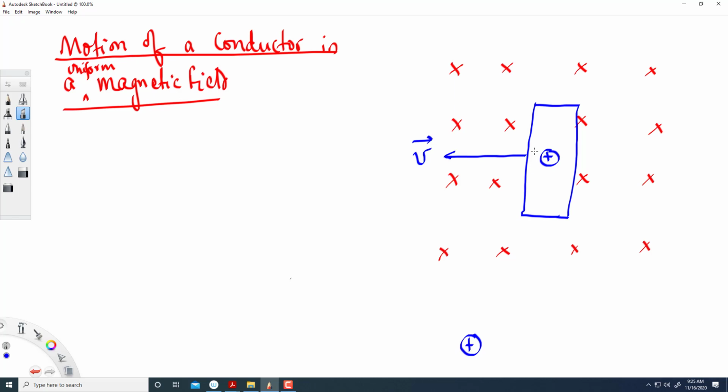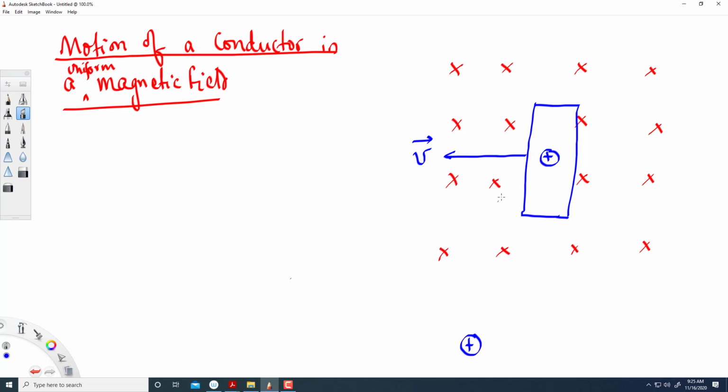So this feels the force in the downward direction. I can also use curl. Point your fingers to the speed or velocity and curl towards the magnetic field. Magnetic field is pointing into the board, so curl towards the magnetic field like this, thumb is pointing down. So this feels the force in the downward direction.